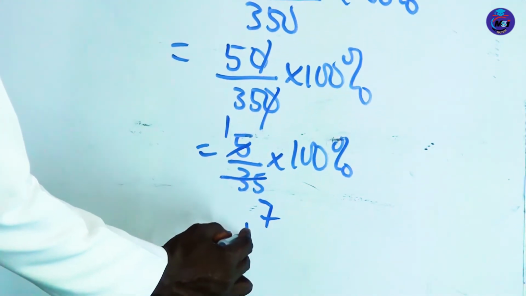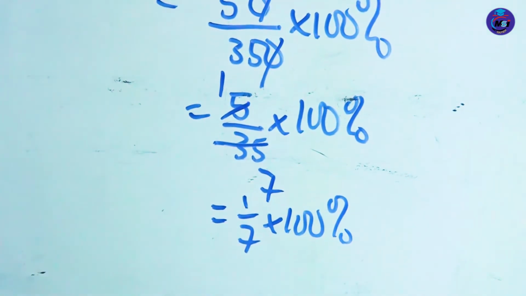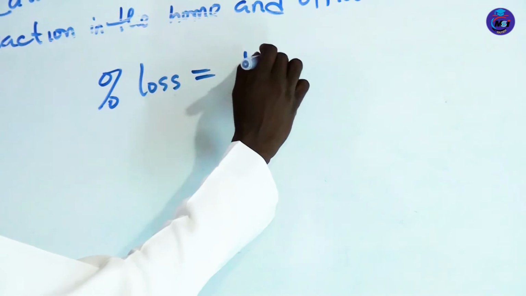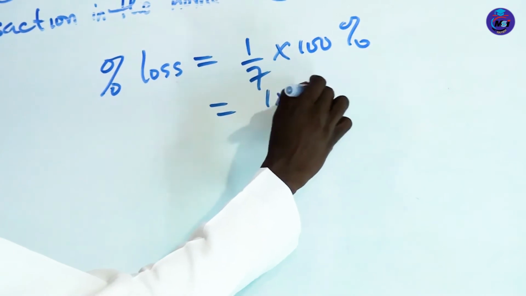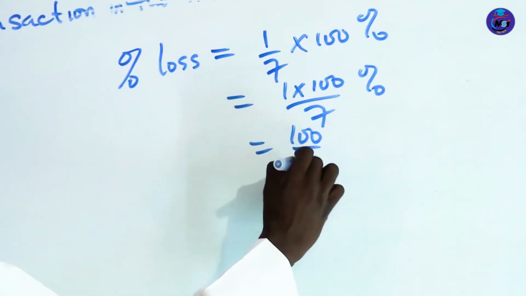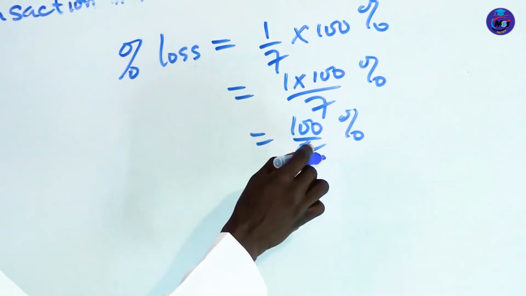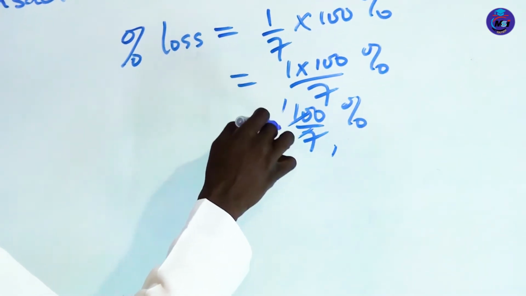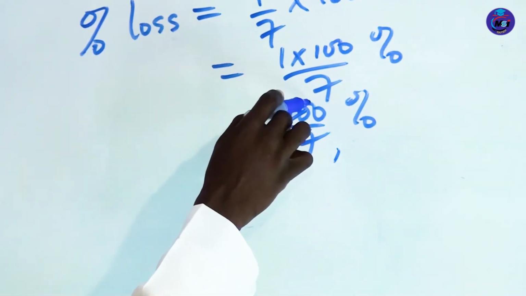This will give us 1 over 7 times 100%. Are you following? It will be 1 over 7 times 100%. 1 times 100 over 7, which will give us 100 over 7%. 7 in 10, we have 1, remainder 3.